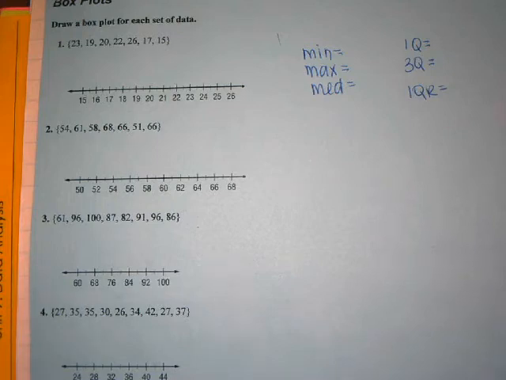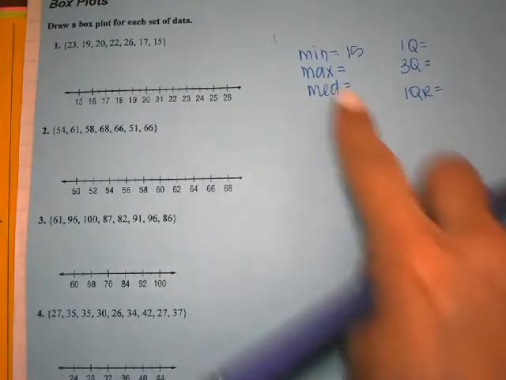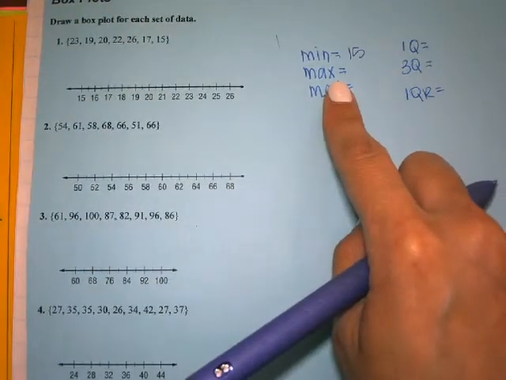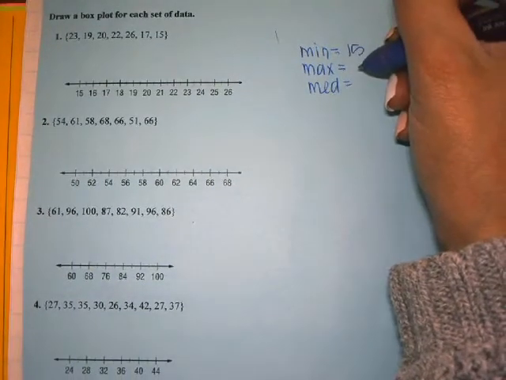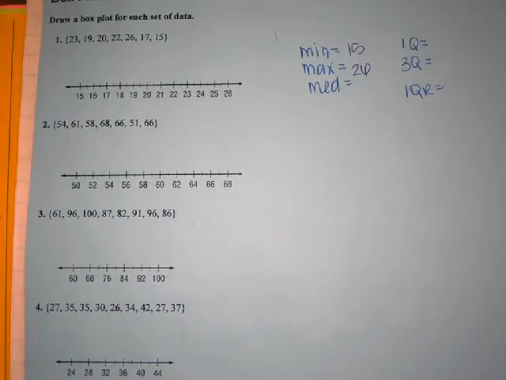All right, guys, here we go. What did you girls tell me was the minimum? 15. Good. What did you girls tell me was the maximum? 26. Okay, just making sure you were in the room.